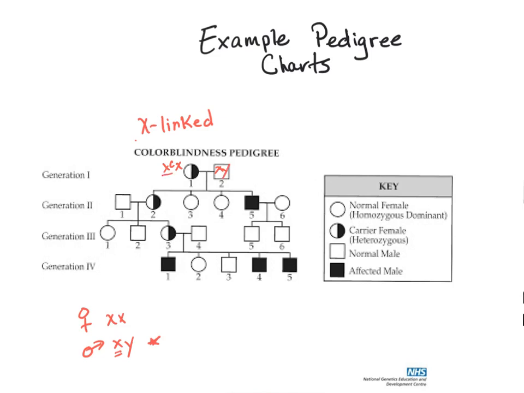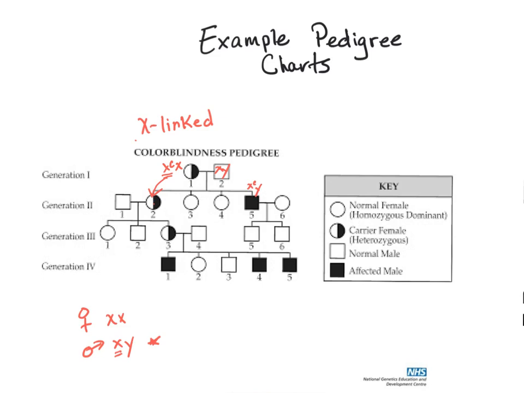This daughter inherited that colorblind allele, so she's what we call a carrier. The son over here, number 5, got the colorblind allele, so he's the colorblind X and a normal Y. So this son happens to be affected. He's colorblind. This daughter right here, she's a carrier.